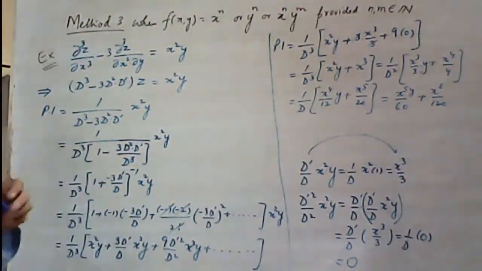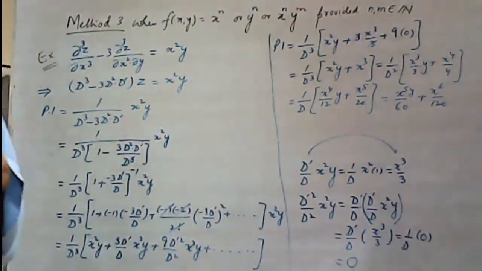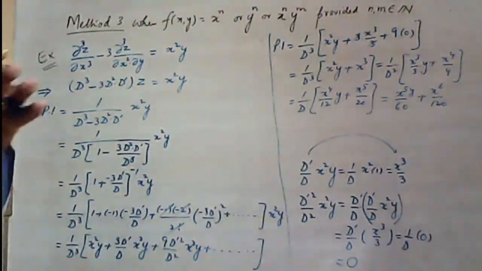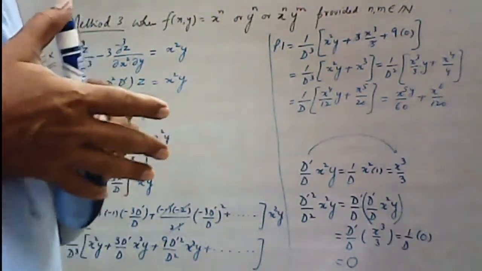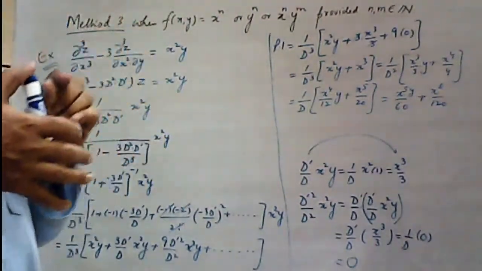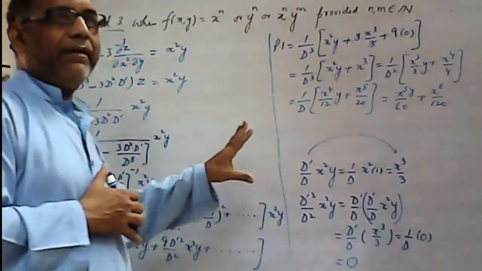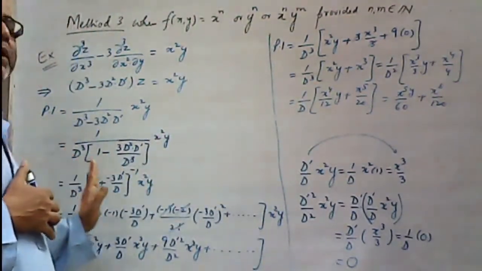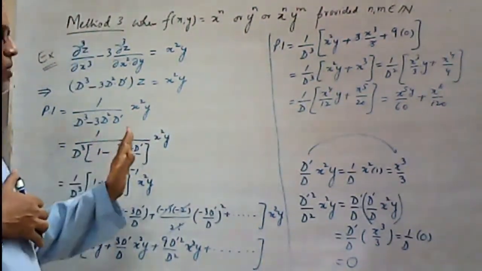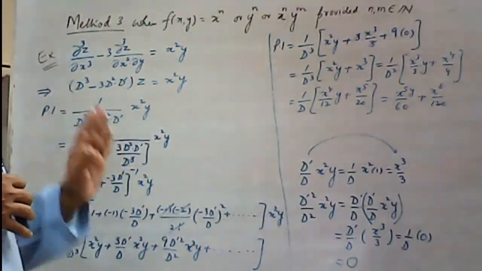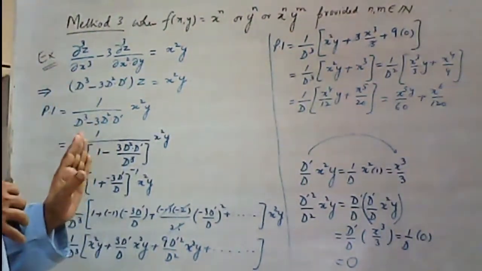So this is example number 2, and if you watch it closely, you will find that I did not try anything fancy in that. It is similar to the method we tried in higher order ODE method 3.